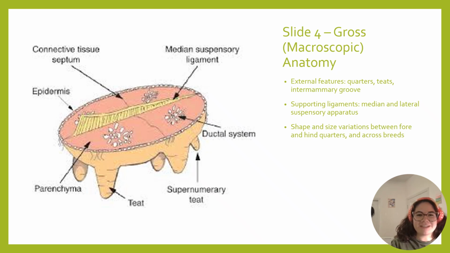So there's actually the median and lateral suspensory apparatus, which are critical for udder stability. The shape and size vary between the fore and hindquarters, as well as across breeds. These external features are key landmarks for both anatomy and clinical evaluation.